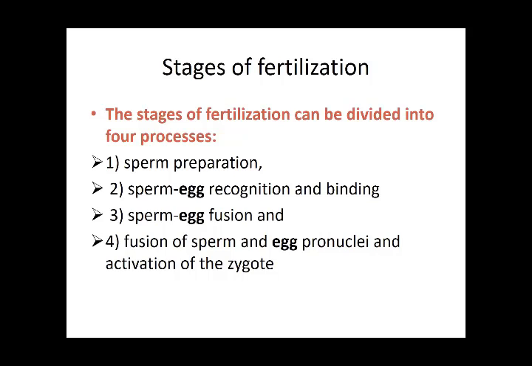Then they fuse, and they become the male pronucleus and the female pronucleus, which is the activation and formation of the zygote. These are the steps that take place when fertilization occurs.